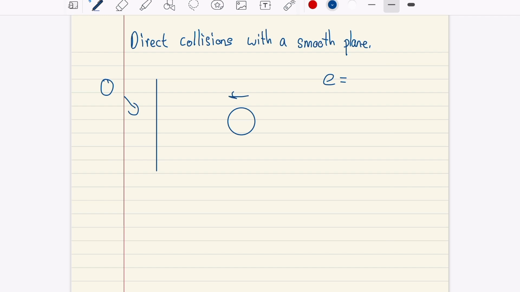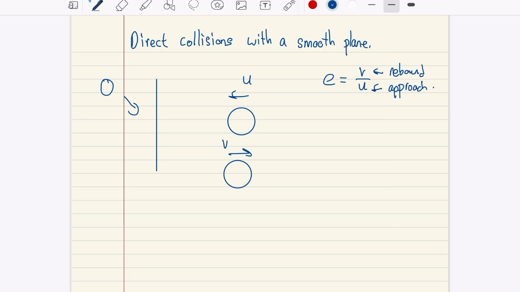So since only the ball is moving, to find the coefficient of restitution, we just need to divide v by u, which is the velocity of rebound over the velocity of approach.